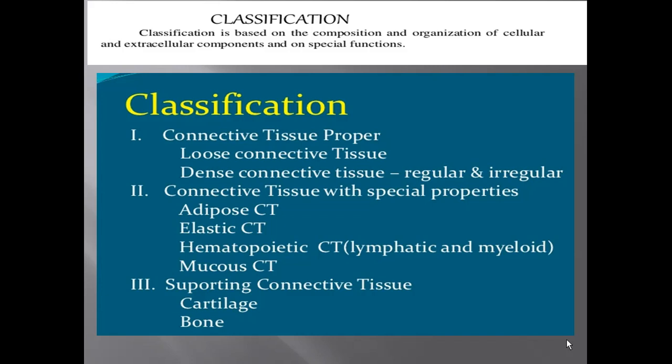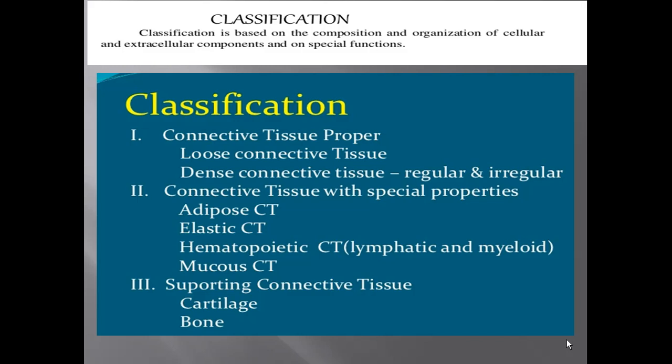And then we go to classification. Because connective tissue is made of many elements, not just a single element, the classification is based on the composition and organization of cellular and extracellular components, and also on the special functions.